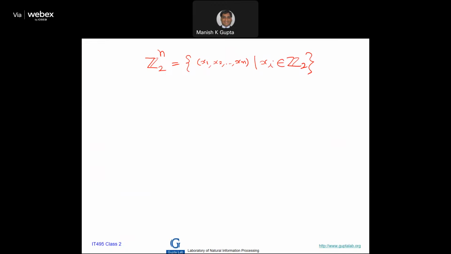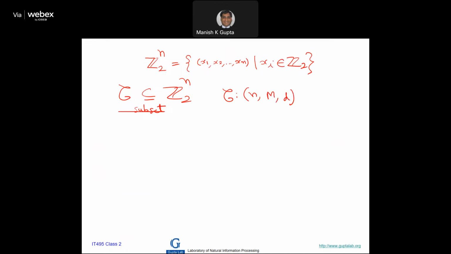And from this n-dimensional space, what is the definition of a code? A code is simply a subset of Z2^n. Subset means we are just taking certain binary strings, and those will act as a code for us. So formally, we define it with n, M, d.